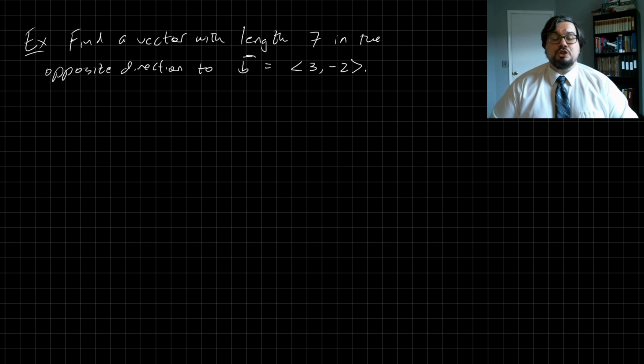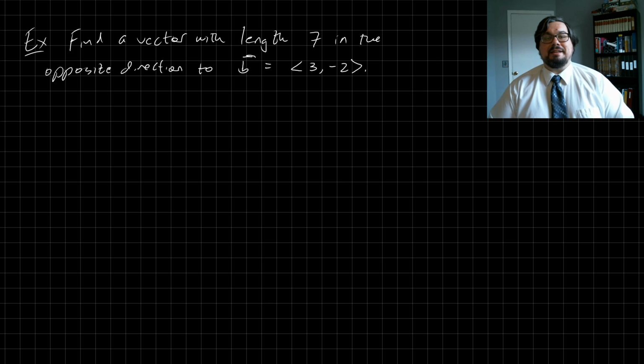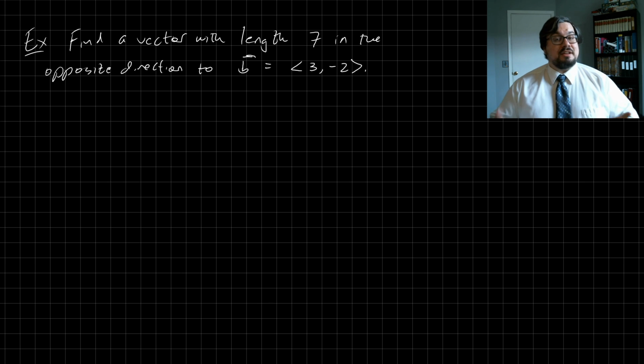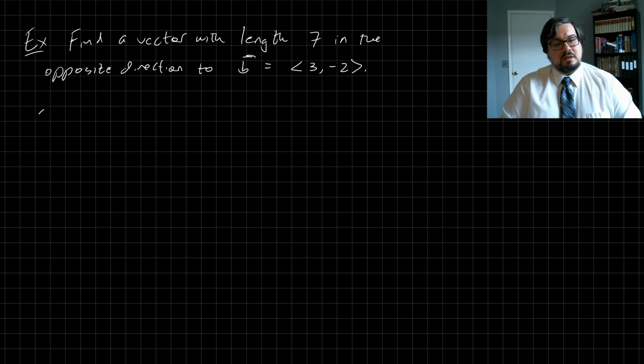Now, there are two steps that you will typically want to take with a problem like this. Step 1 will be finding a unit vector in the direction of b, and then step 2 will be finding the vector with the length that you want in either that or the opposite direction. So step 1, find the unit vector in the direction of b.